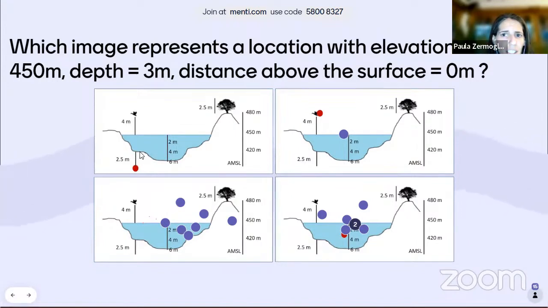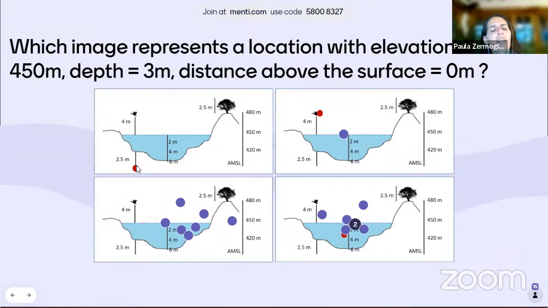And so there is a distance below this surface of 2.5 meters. So in this case, the elevation would be 450, the depth would be 4 meters, and the distance above the surface would be minus 2.5 meters.